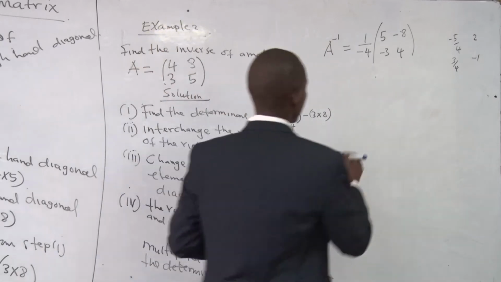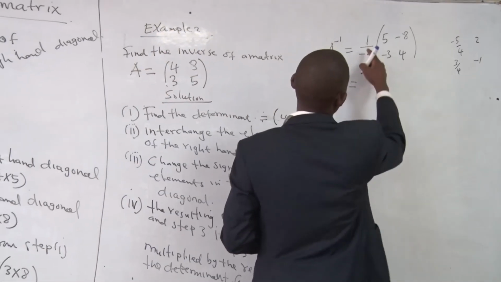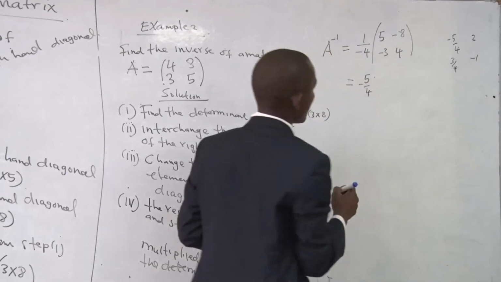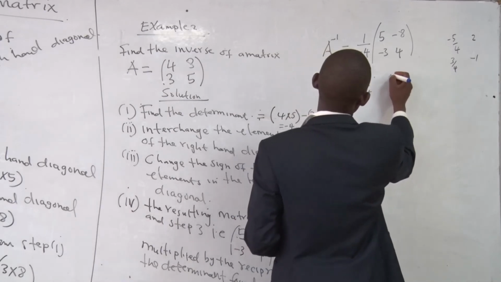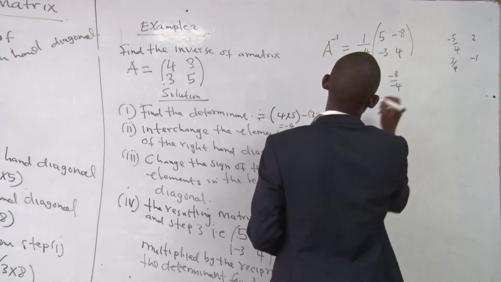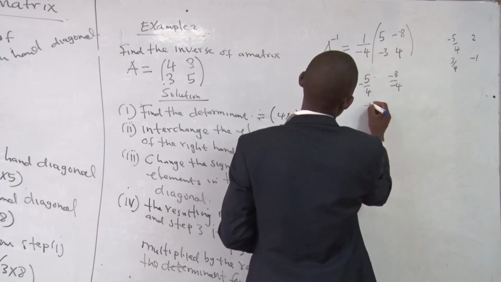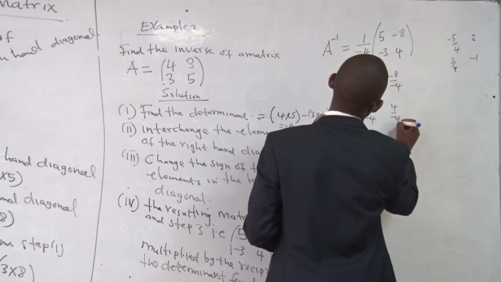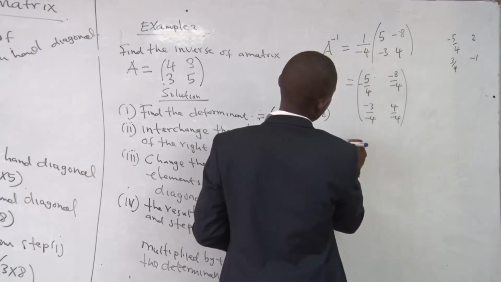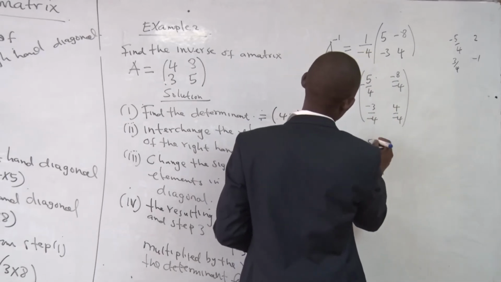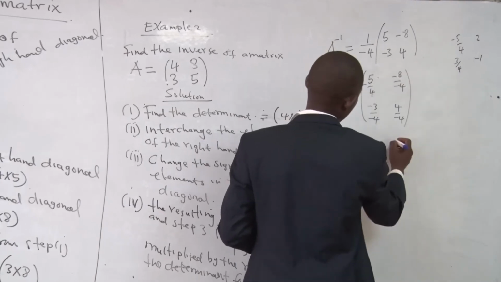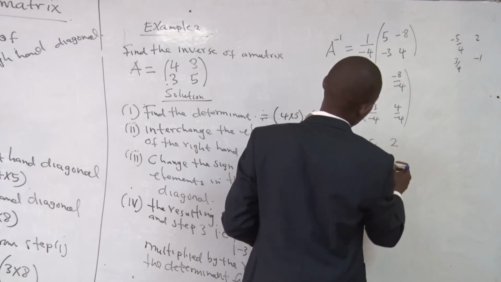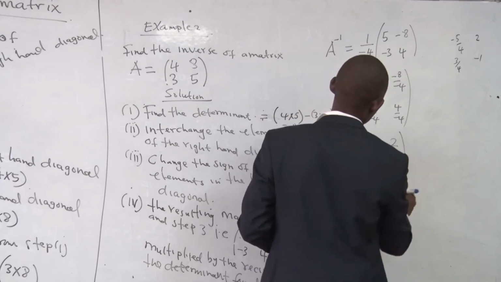After you do this, you will have 5 over -4, which is -5/4. Then -8 over -4 is 2. -3 over -4 is 3/4. And 4 over -4 is -1.